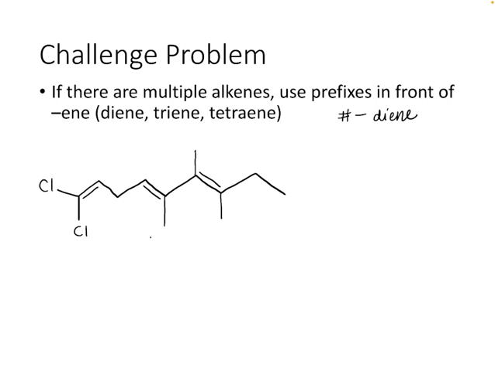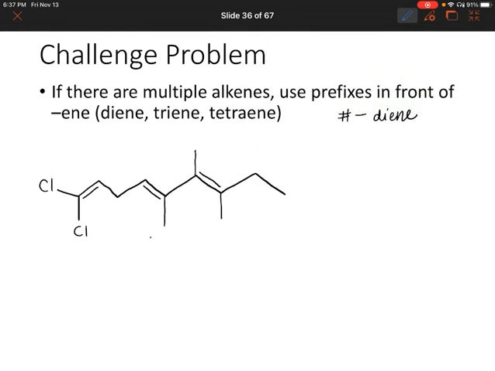All right, so let's try to find the longest chain that also includes all of the double bonds. I think I'm going to start on the left because that will give the first double bond a position of 1. So 1, 2, 3, 4, 5, 6, 7, 8, 9. Okay, that should be our longest chain.